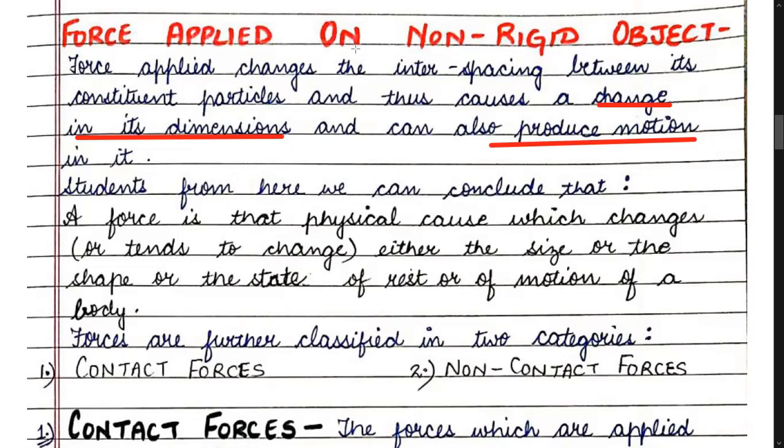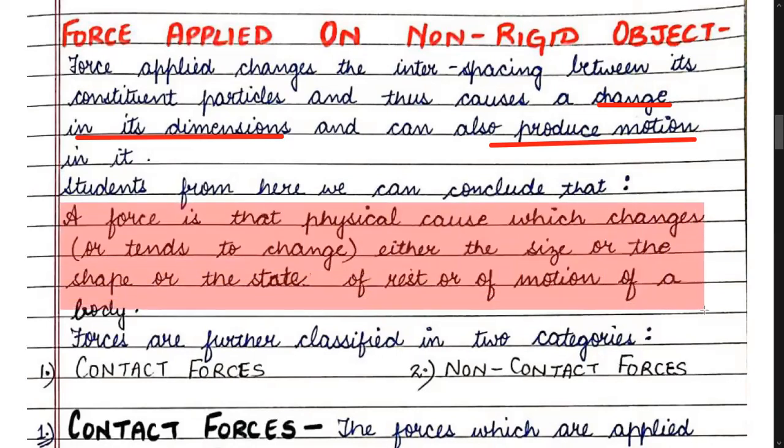So children, let us understand what force is. We have to learn the definition of force. A force is that physical cause which changes or tends to change either the size or the shape or the state of rest or of motion of a body.